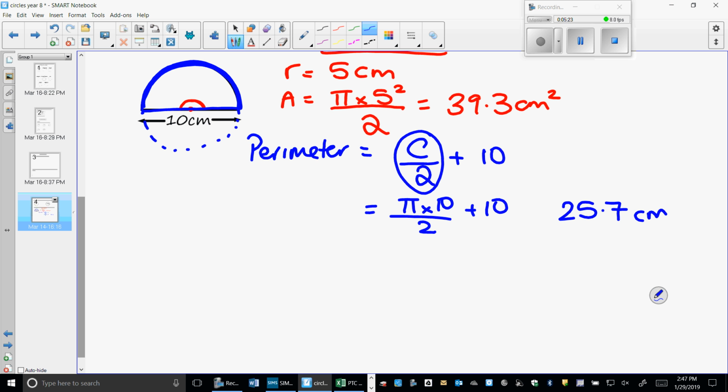And that measurement would just be centimetres, wouldn't it? Because a perimeter is a distance measure. So that would be for a semicircle. Now, we'll think about a quarter circle as well. So if you can put this on your sheet.